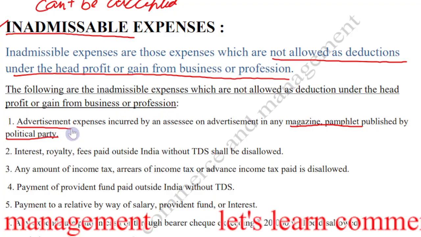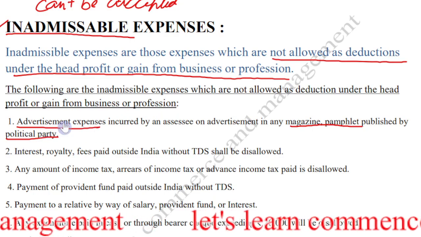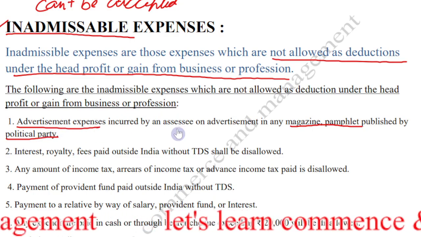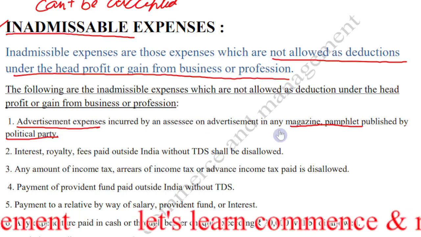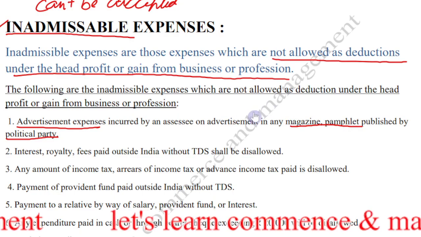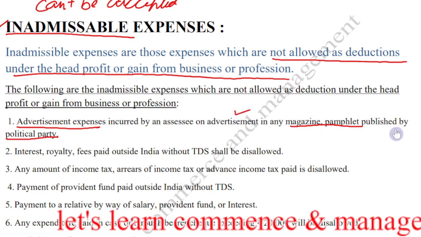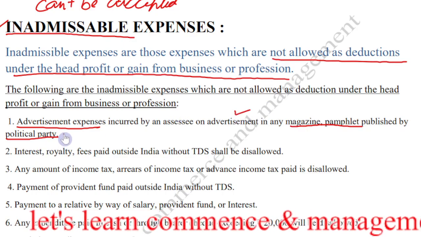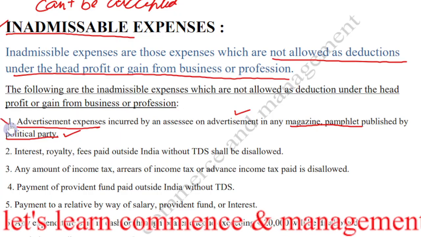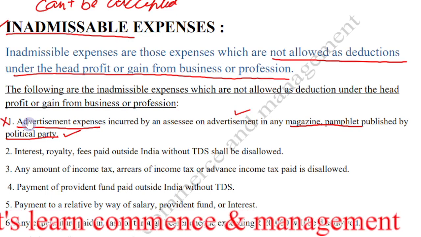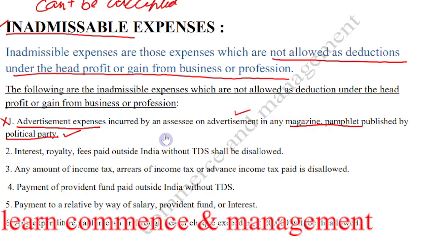Any advertisement expense which the assessee has incurred towards advertising his business or profession in magazines or pamphlets published by a political party is not an admissible expense, so no deduction will be allowed.